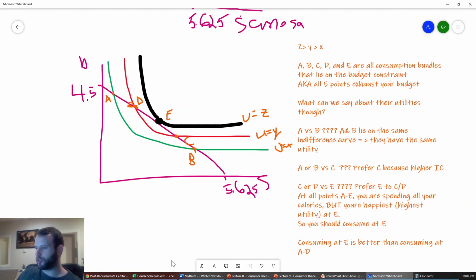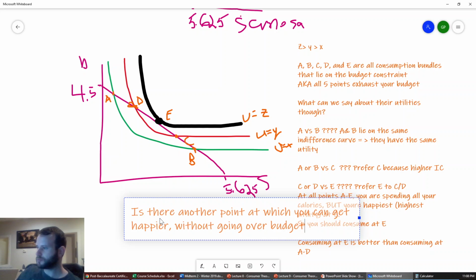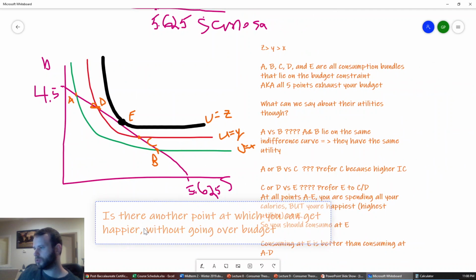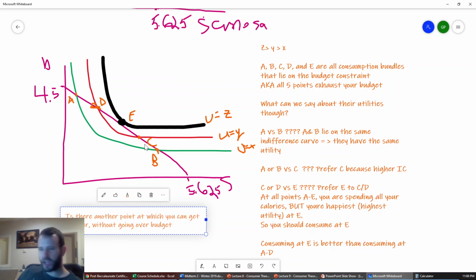Is there another way to consume? Is there another point at which you can get happier without going over budget? So the way I drew it, no, there's no way to get happier, because E is the only point.